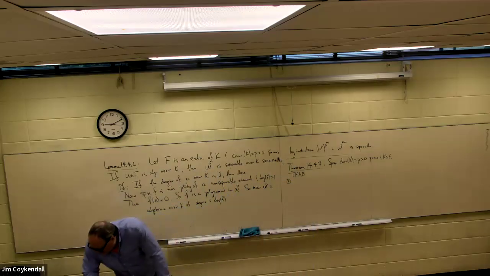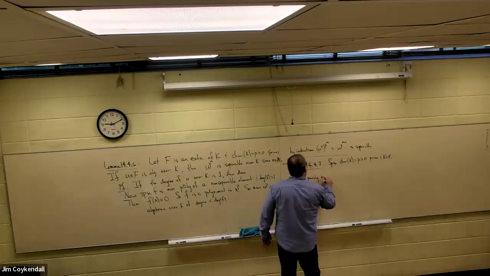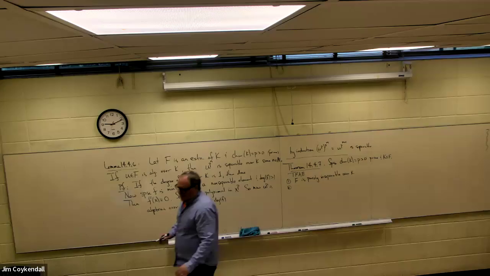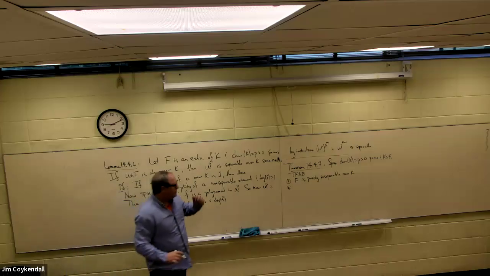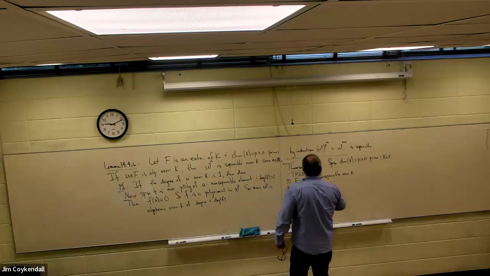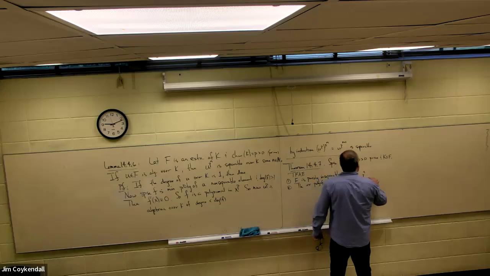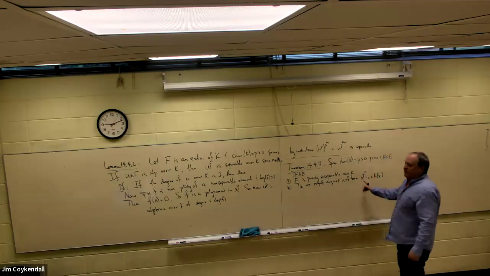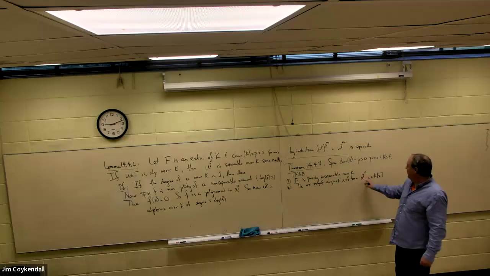Number one, F is purely inseparable over K. Number two, the irreducible polynomial of any u in F is of the form x to the p to the n minus a, with a in K. Let me make the observation that this also covers all the elements that are already down in K, because if you take n to be 0, this is just x minus a, right?